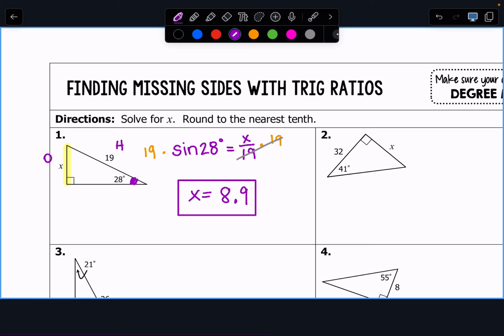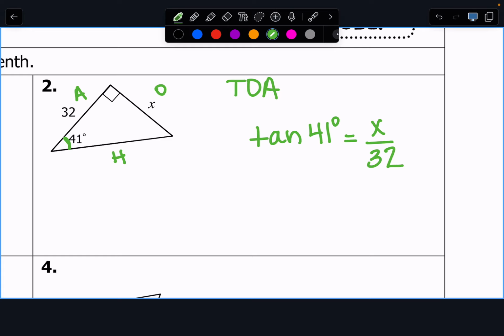So we need TOA. The tangent of 41 degrees is opposite over adjacent. Are we okay with that? Okay, so to undo this 32, we're going to need to multiply both sides by 32.